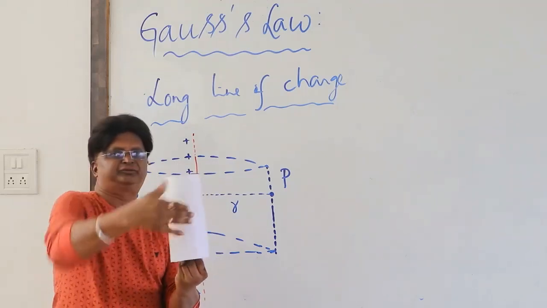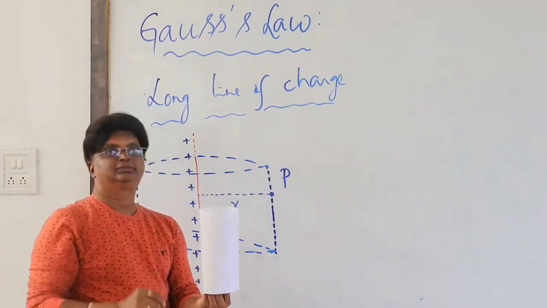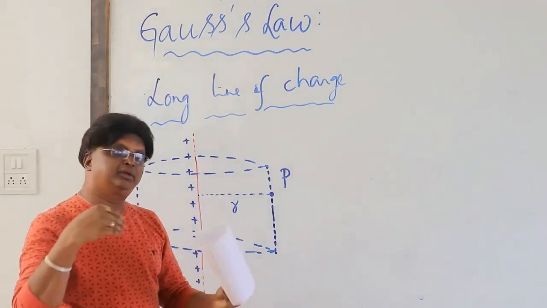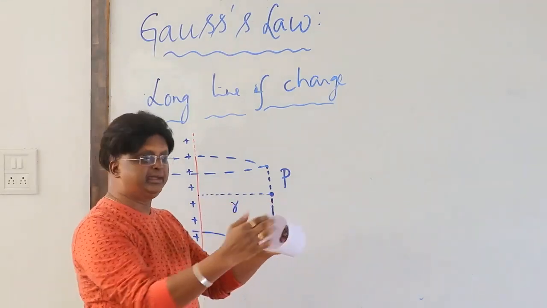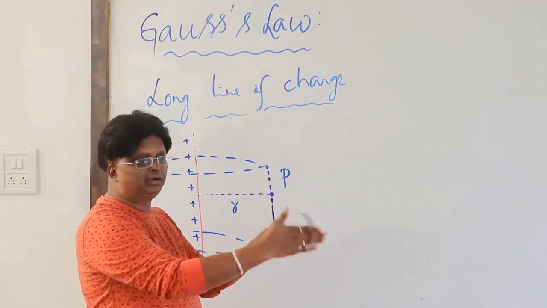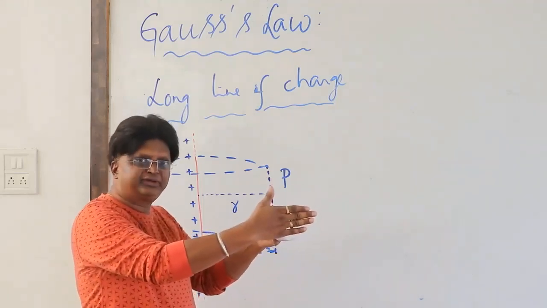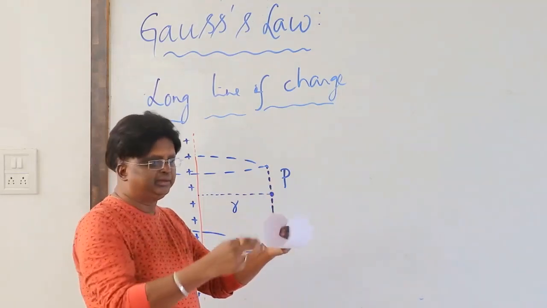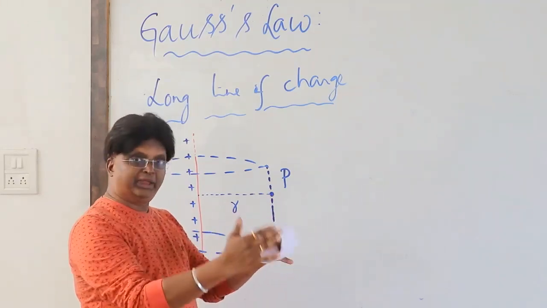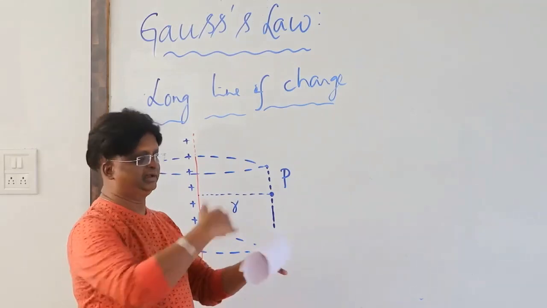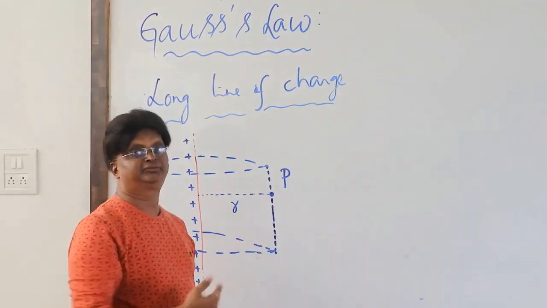This is the curved surface, and this is one type of surface. And what is the second type? These are the flat ends, which are planar. So this is a planar surface at one end. This is a planar surface at the other end. So one type is planar surfaces, and the other type is the curved surface.